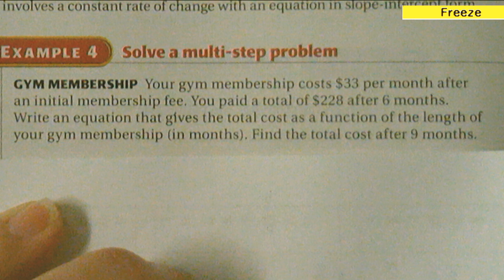Remember, always write down that statement, something as a function of something, if they give it to you. So you're writing the equation first, and then you are using it to find the total cost of 9 months.